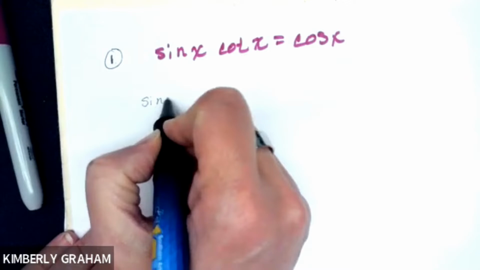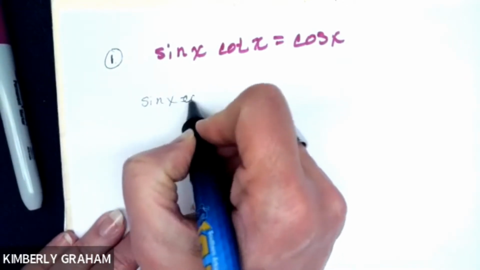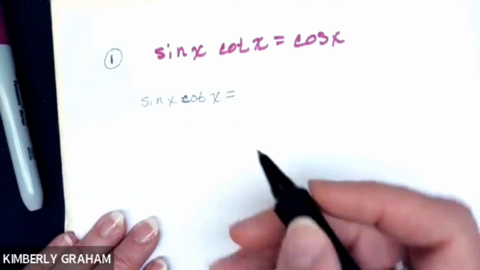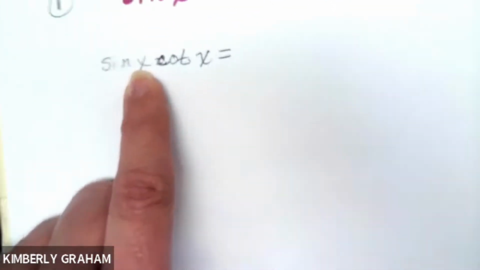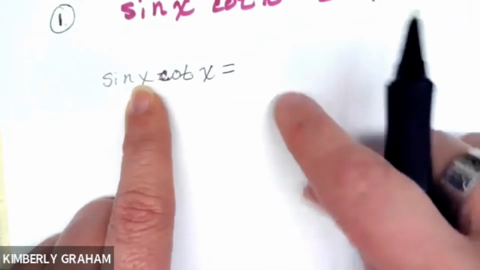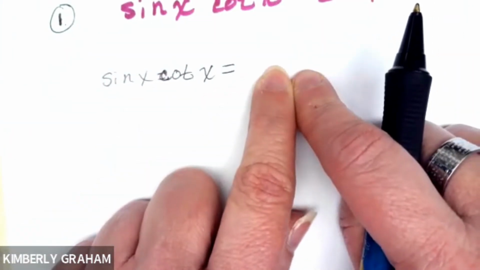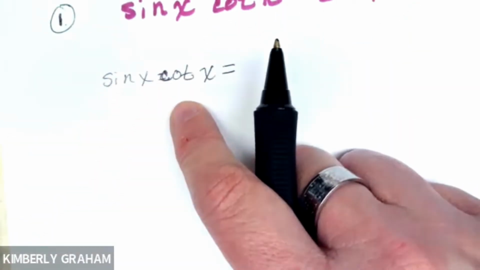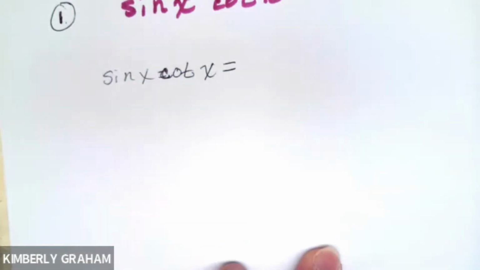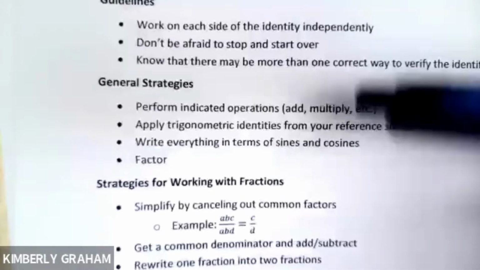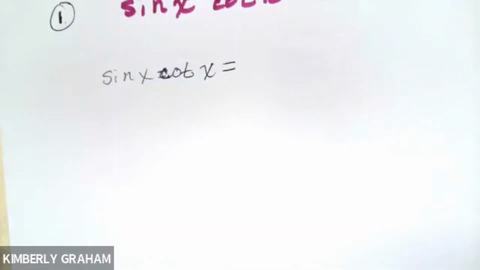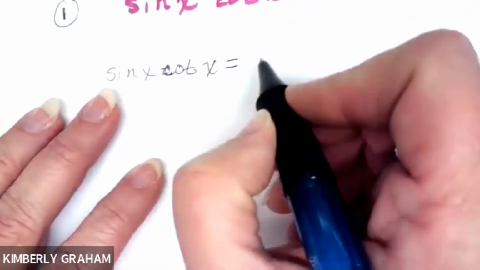So I have sine x times cotangent x equals. Now, what I want to do is to make an equivalent statement over here by changing this somehow. And my handout here is going to give me some different strategies. Well, my favorite strategy is to change everything to sines and cosines. So I think I can probably do that.